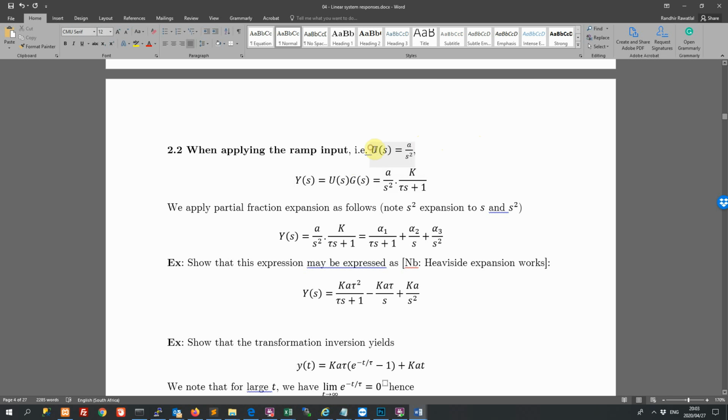And then the Laplace version of that increase in time looks like that. And so this time we have to multiply by a over s squared. And there isn't a direct transformation of this, or inverse transformation of this s function back into the time domain.